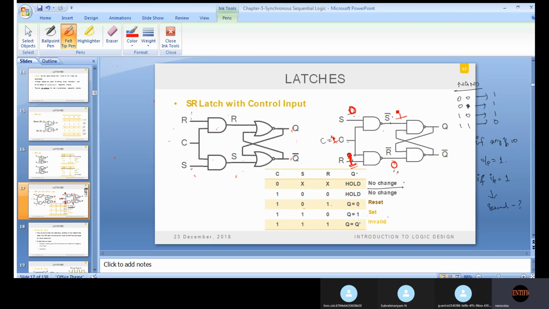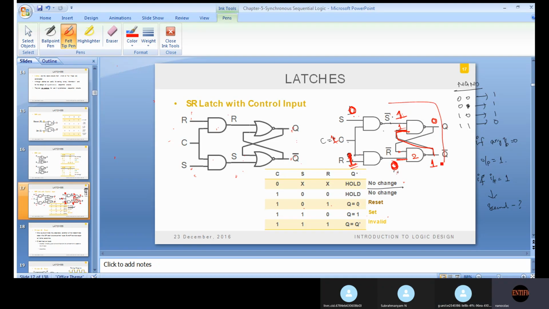When I am giving 1 and 0 here, if the input is equal to 1, I need the value of the second input. If the input to the second NAND gate is equal to 0, there is no need to check the second value. So the output will obviously be equal to 1. Now if you are feeding this one here, your output will be equal to 0.